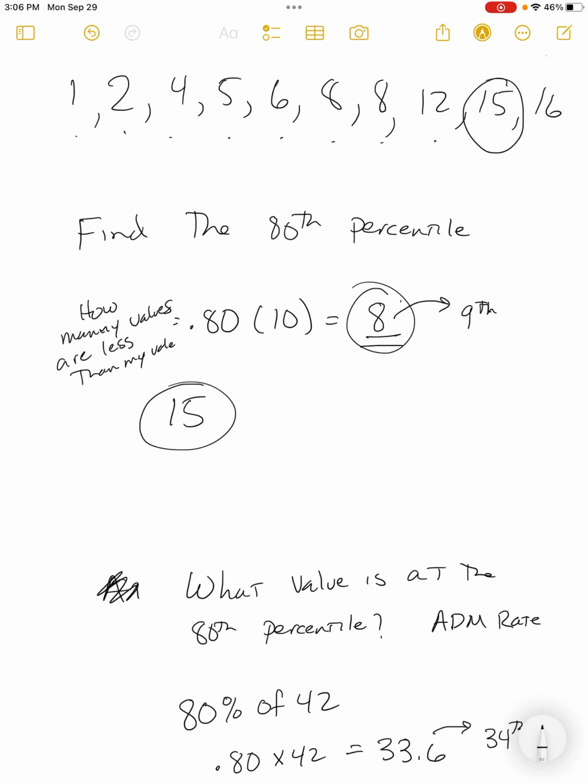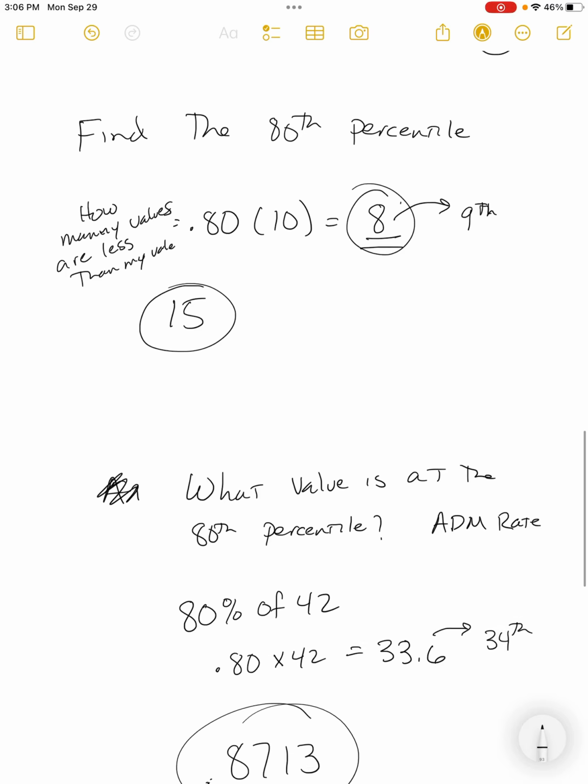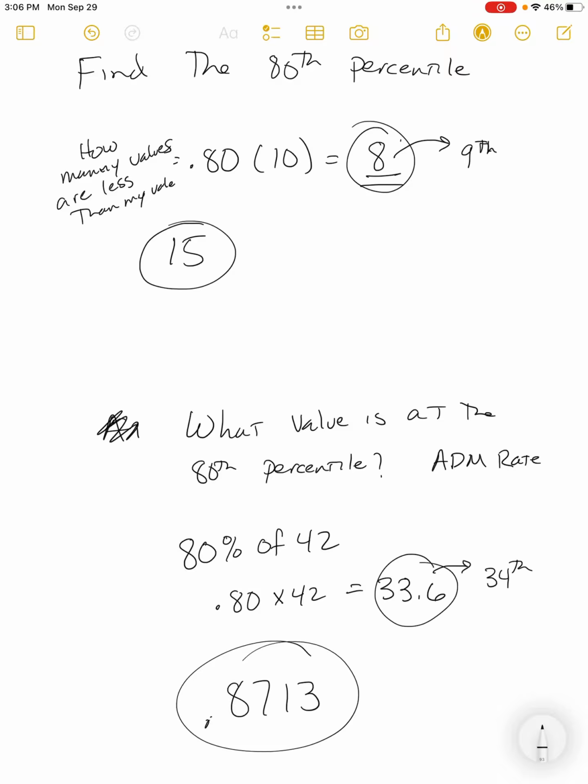Okay, cool, I need 8 less than my value, so let me go to the 9th value. Okay, cool, I need 33 and some change. I can't deal with change less than my value. So the 34th data value from low to high would have 33 below it. That's perfect, and that's what you're going to be doing in this 8-5 section. Reach out with questions. I appreciate it.